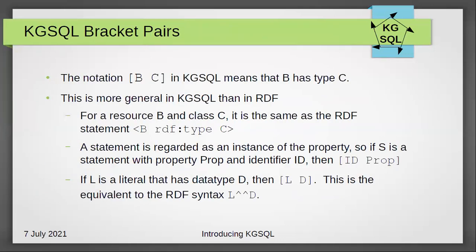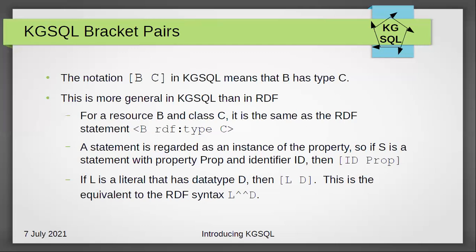Now, an important addition to the language is the concept of a bracket pair. In KGSQL, the notation bracket BC means that B has type C. Okay, that generalizes the notion of this from RDF. So if B is a resource and C is a class, then of course it means the same thing.